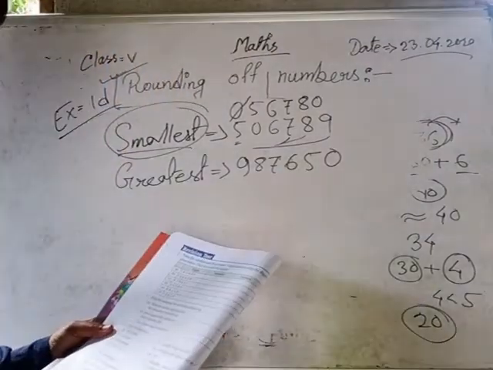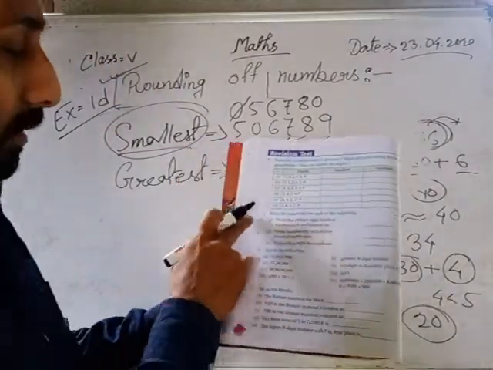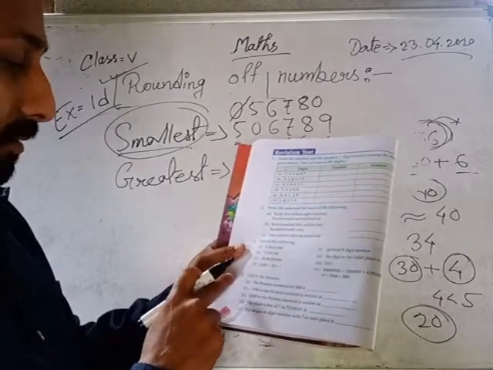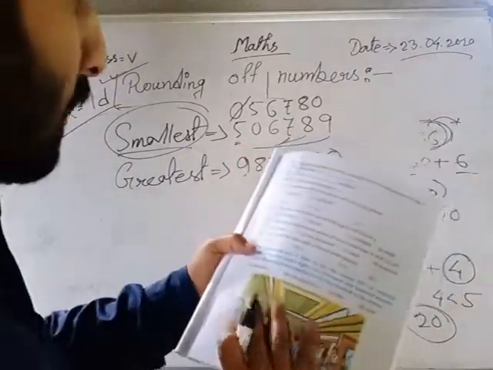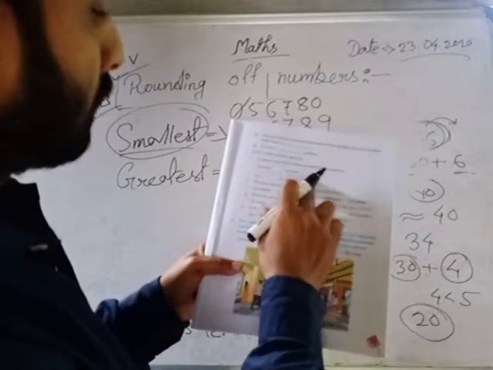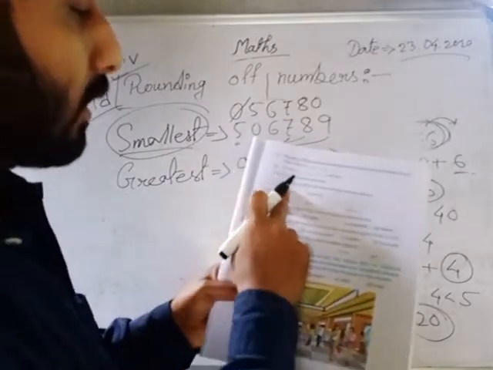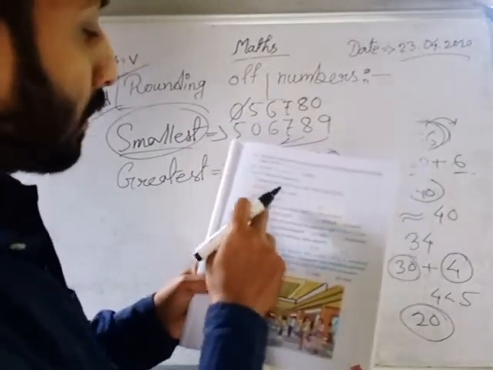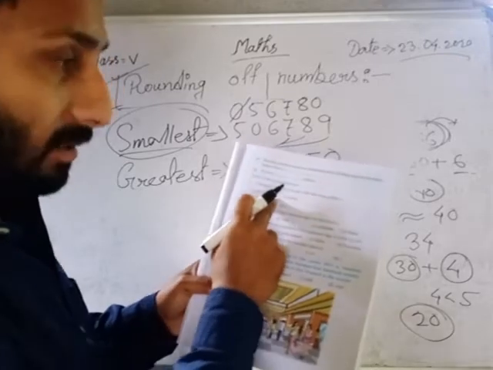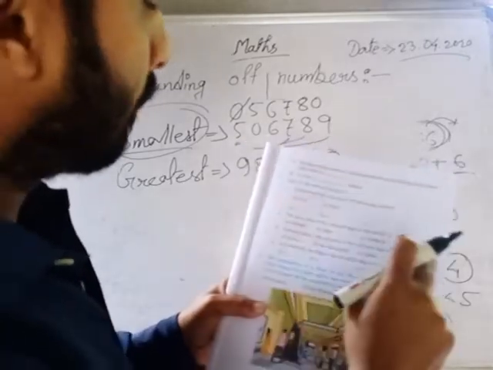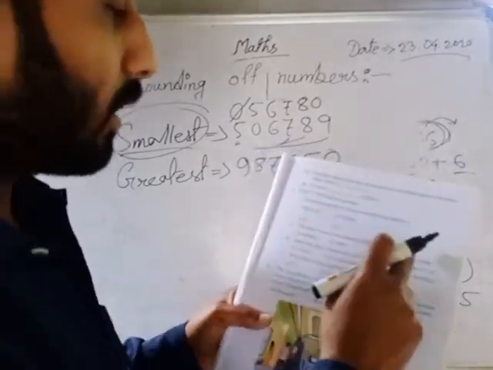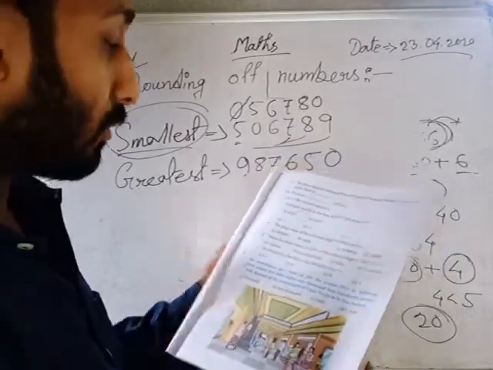Okay. So number 2, number 3, number 4 are your homework. Already I discussed this. Greater than, less than: which one is greater? If it is greater than this number, then you should write the greater than sign right here. Otherwise, if it is equal, then you should write equals to.